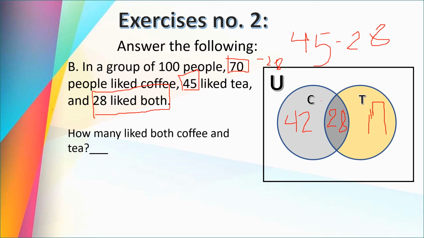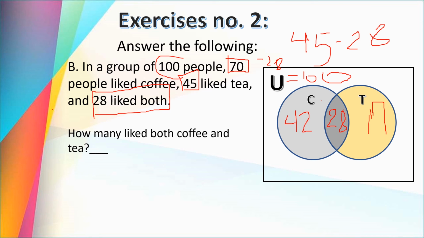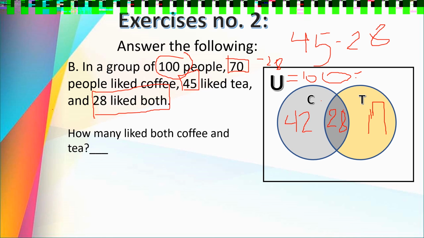So, kung meron tayong 42, meron tayong 28, and meron tayong 17, ilan ang total nun? So, ang universal set natin again is how many? Very good. 100 since naka-indicate sa problem natin na 100 people ang sinurvey. So, ang total ni 42, 28 at 17 ay how many? Again? Very good. 87.